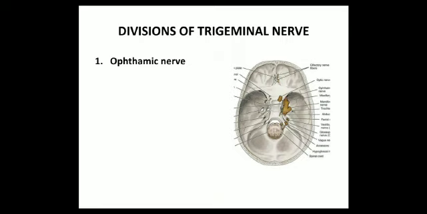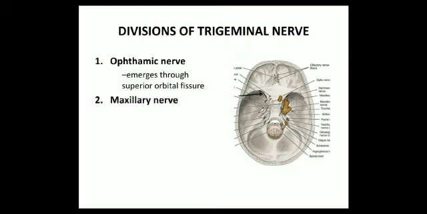The ophthalmic nerve is the first division and emerges through the superior orbital fissure. It carries the sensory fibers from the structures derived from the frontonasal processes. The maxillary nerve emerges through the foramen rotundum and conveys the afferent fibers from the structures derived from the maxillary processes.